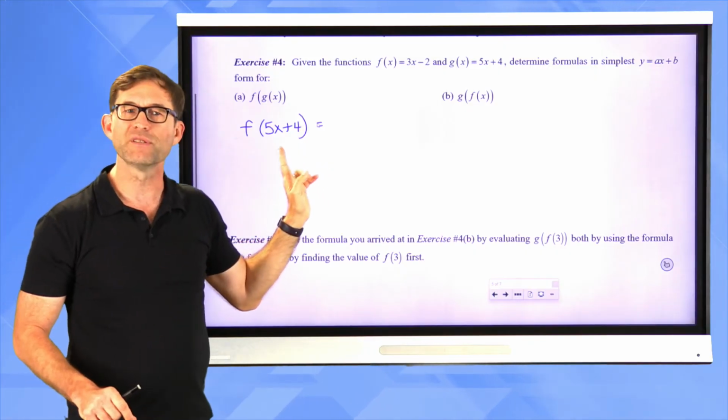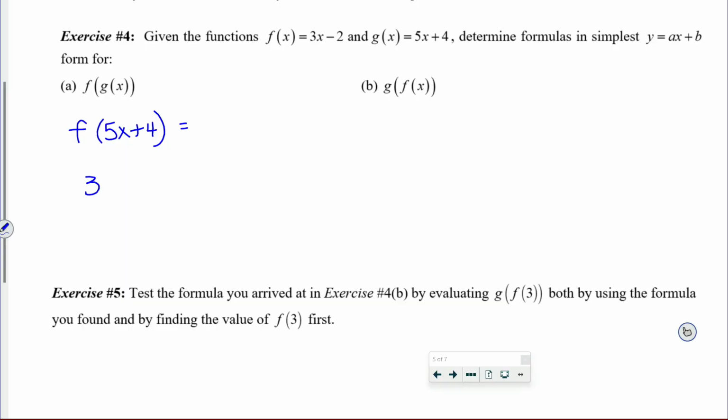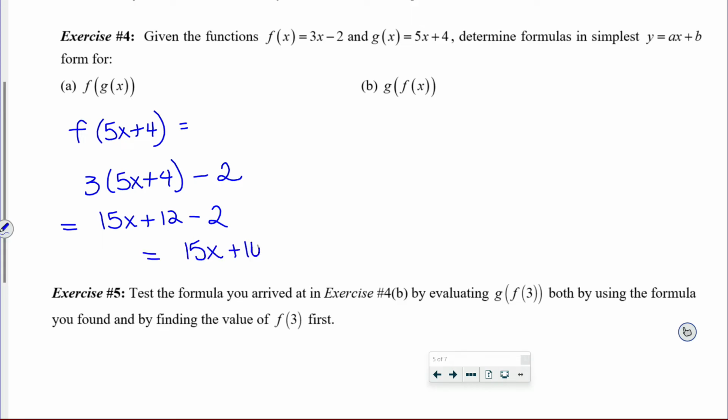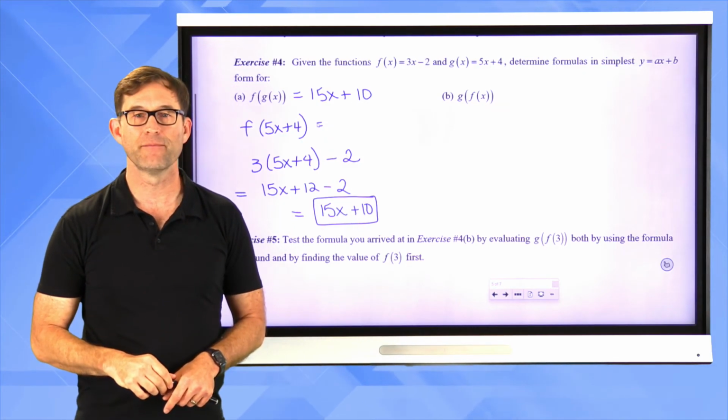So if the input is more complicated, 5x plus 4, all that says is take the input, multiply it by 3, and subtract 2. And now I just have to do a little bit of algebra, 15x plus 12 minus 2. And that tells me I get 15x plus 10. So that is a formula for f of g of x, 15x plus 10.